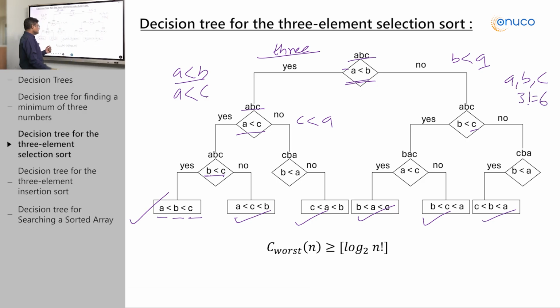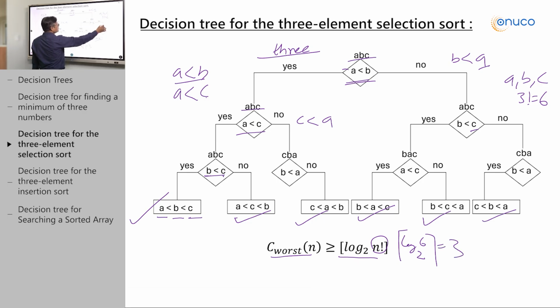So here we are saying that C worst is going to be greater than or equal to log n factorial base 2. So what is log n factorial? Log 6 base 2. It is a ceiling function, it is not a square bracket. So the answer is going to be 3. 1, 2, 3, right?